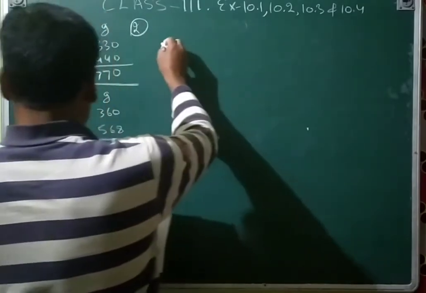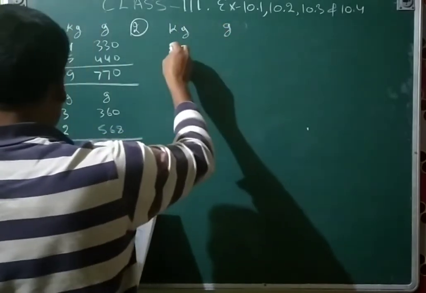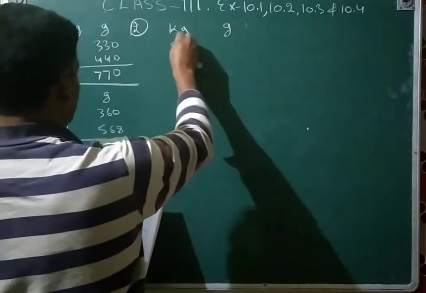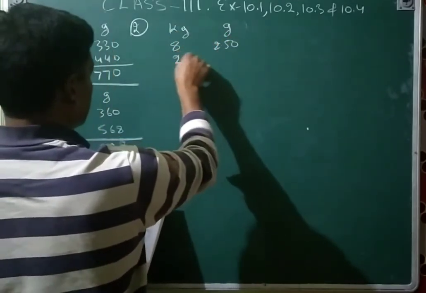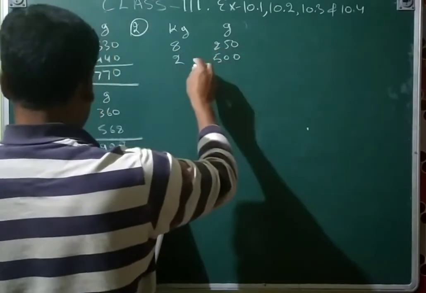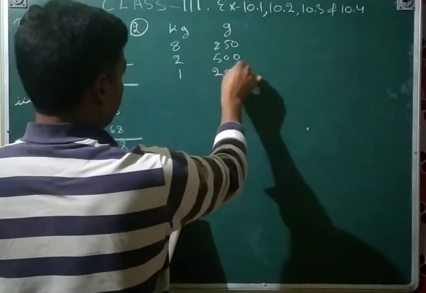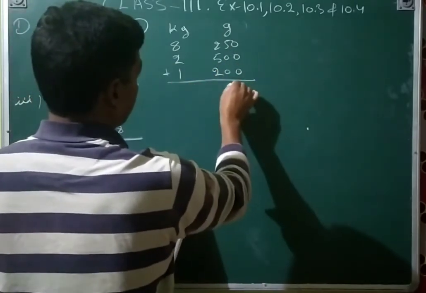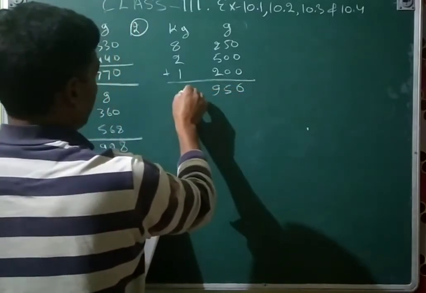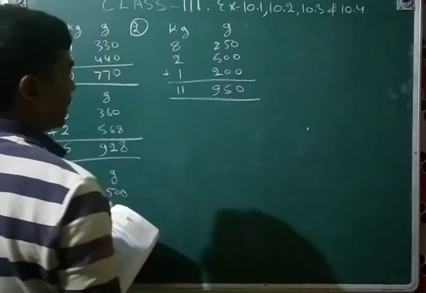So that is kg and gram. We write 8 kg 250 gram and then 2 kg 500 gram and then 1 kg 200 gram. So by addition, 0, 5, 9, 8 to 10, 1, 11 kg 950 gram.